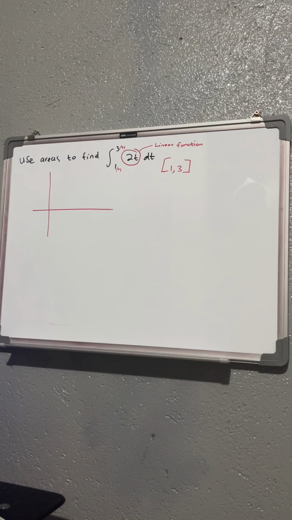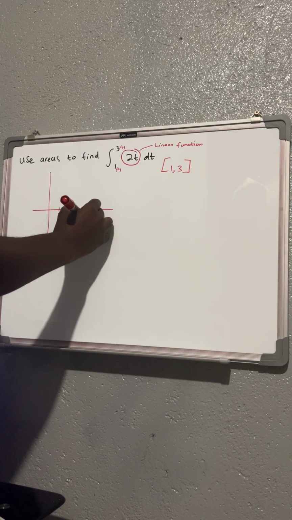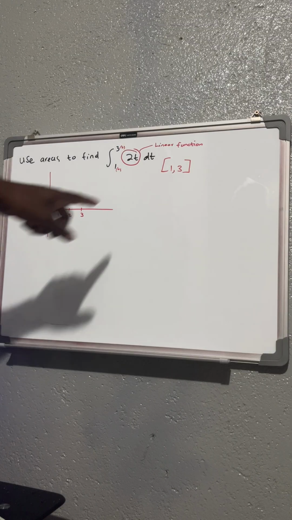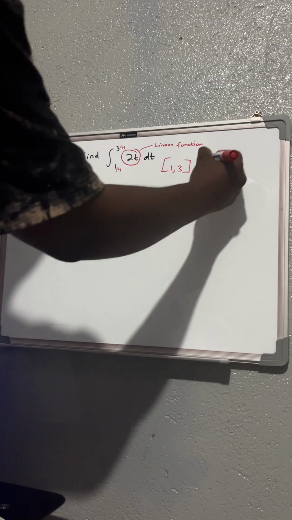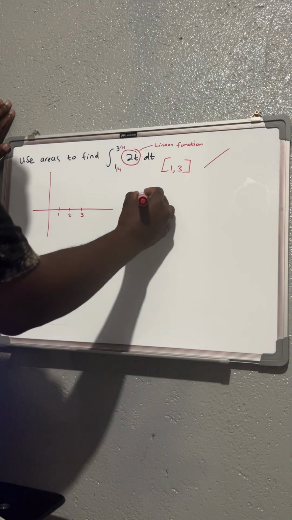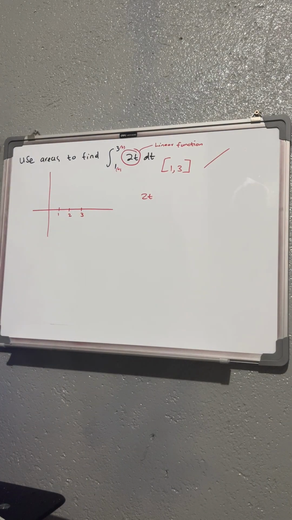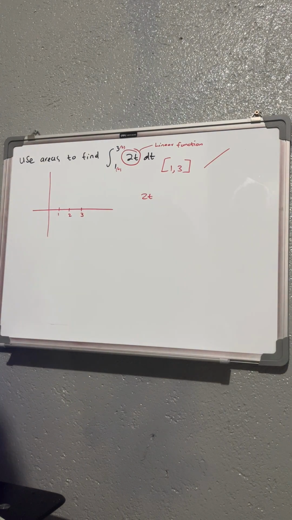So how is that going to look? We have our 1 here, our 2 here, our 3 here. And this being a linear function, you check what type of slope it has. It has a positive slope, which means it's going to be going up. Since we have our function 2t, we input the x values into this function.